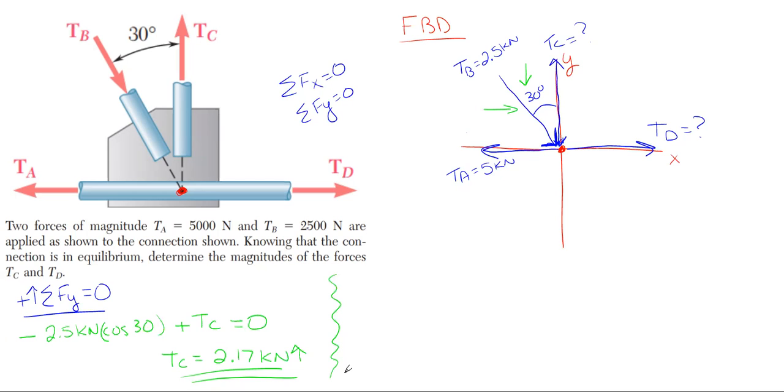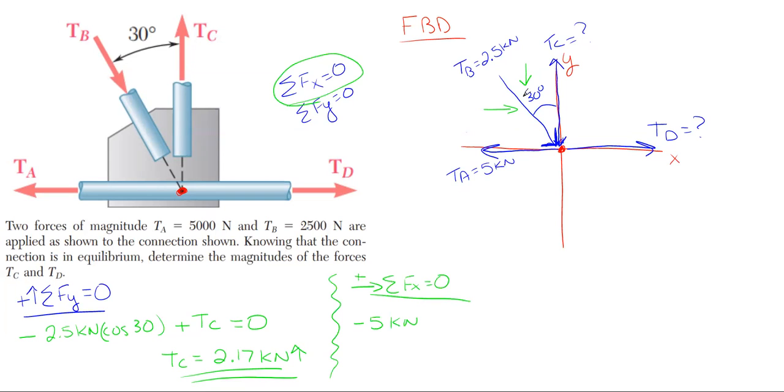Well, we can find TD by summing forces in the x direction because we've already done the y. So let's go ahead and do the x and we can get TD because it is in the x. So I'm going to take everything to the right as positive, everything to the left as negative for my x direction. I have TA here, which is going left, so it'll be minus 5 kilonewtons.